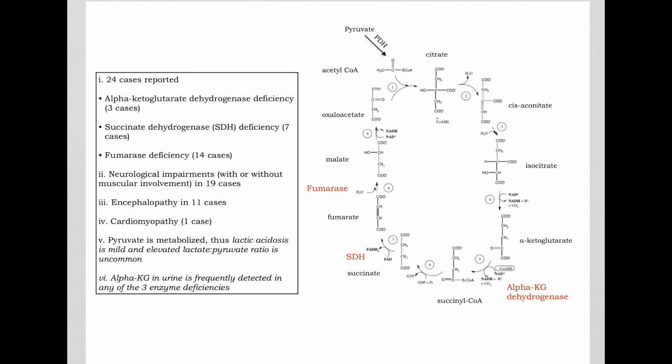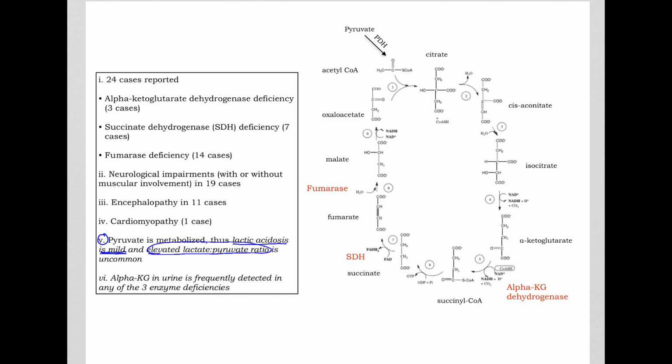The symptoms, once again, are not surprising: neurological impairment, symptoms related to the brain due to pathology of the brain, as well as due to pathology of the heart. From the biochemistry standpoint, these are two very interesting observations. One is that lactic acidosis in all these 24 cases is very mild, if any, and an elevated lactate pyruvate ratio is not common.